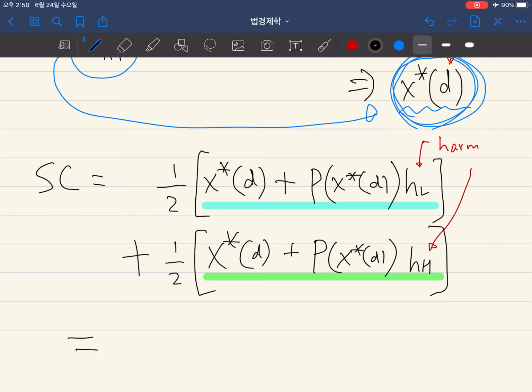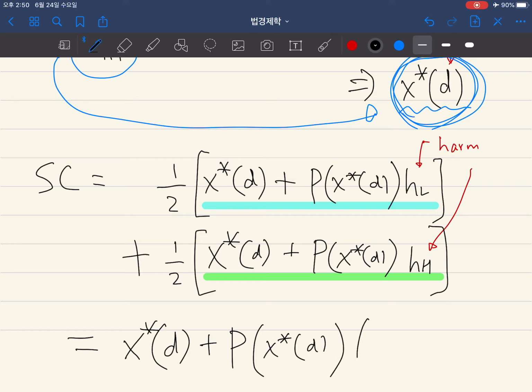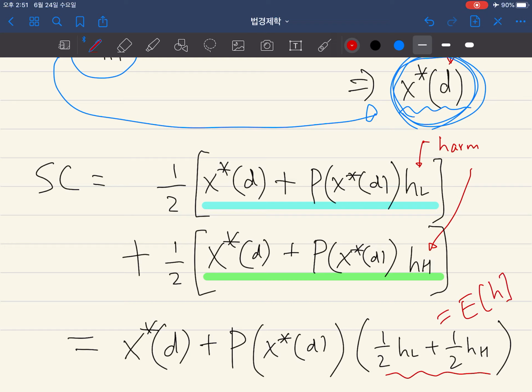We can further simplify this expression. So if we simplify this expression, we get this expression, and as I explained before, this expression can be written as this.